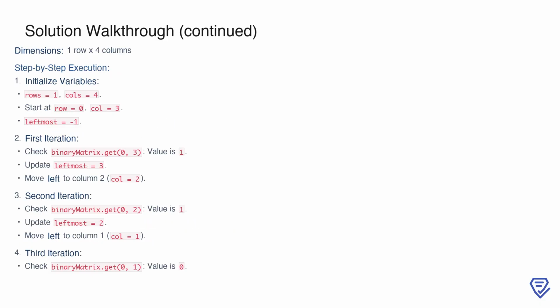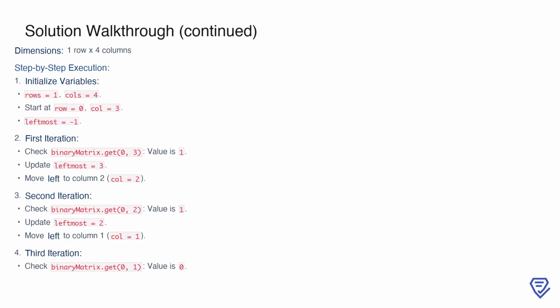Now, let's consider a simpler case with a single row matrix. In a single row matrix with dimensions 1x4, we again initialize rows equals 1, cols equals 4, starting at (0, 3), with leftmost equals -1. In the first iteration, we check (0, 3) and find a 1. This updates leftmost to 3, and we move left to column 2. In the second iteration, we check (0, 2) and find another 1.